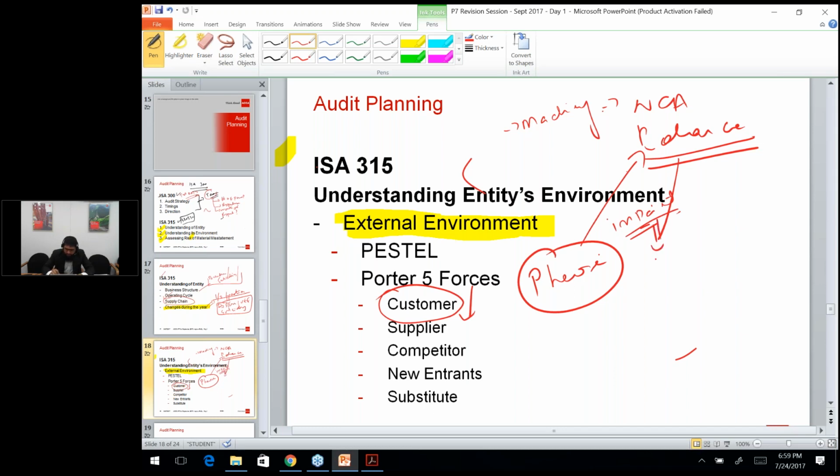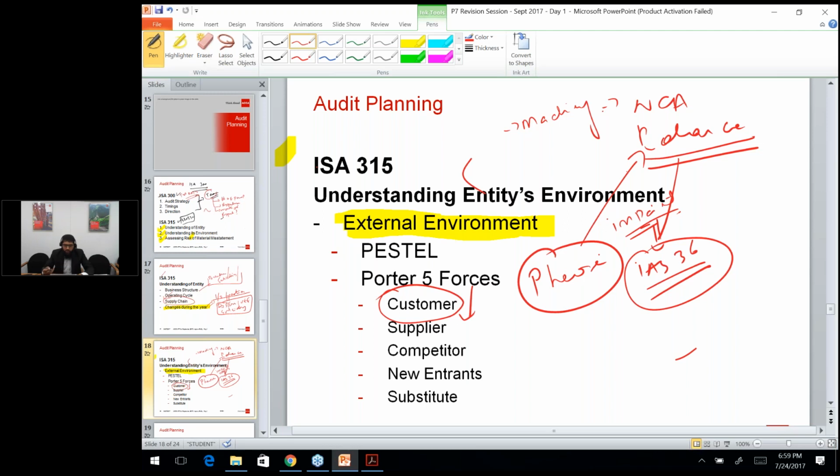IAS 36 requires that if there is any such indication, then you should test your assets for impairment. So as an auditor, you should ensure that the entity has tested its assets for impairment.